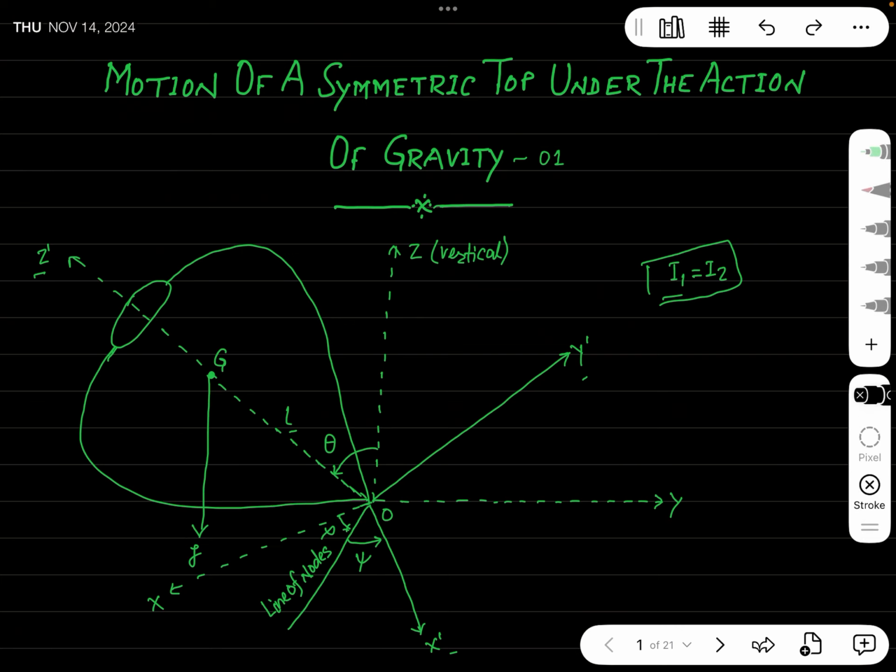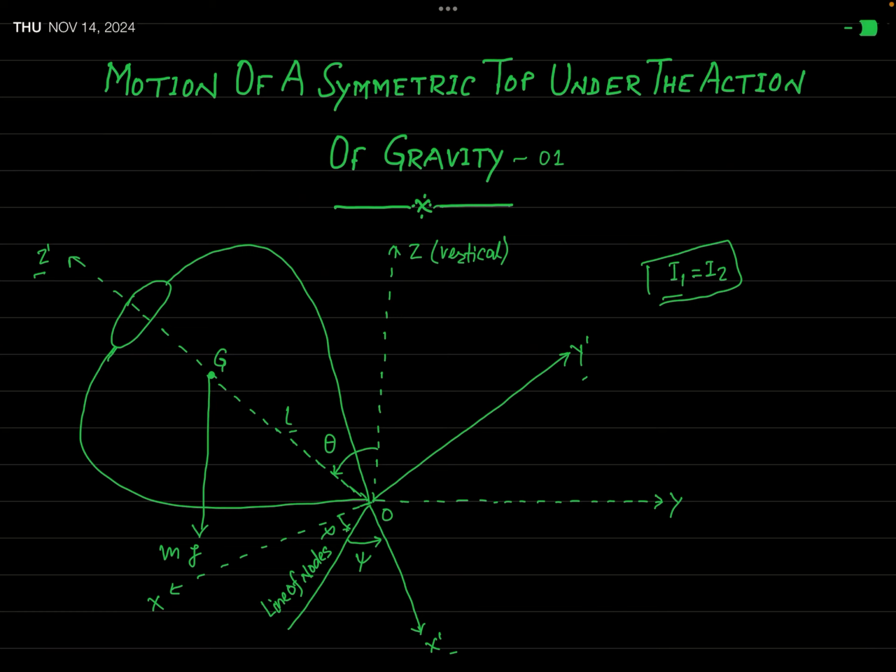If g is acceleration due to gravity, the force of gravity will be mg, and that mg acts vertically downward at this point G, which is the center of gravity. This is the only force which acts on this symmetric top.